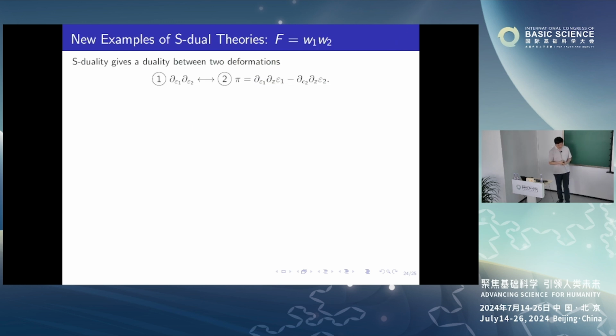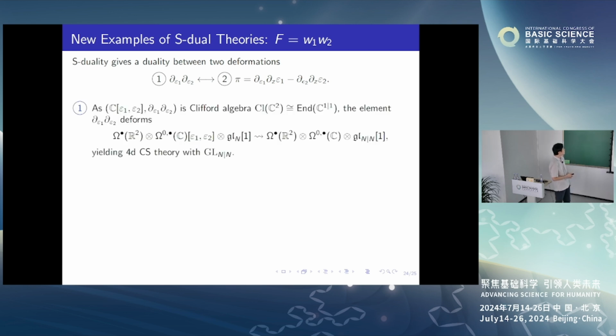Another example: we just write down some particular information once again, another degree 2 polynomial. You write down what these deformations are, and you compute. One deformation gives a 4-dimensional Chern-Simons theory with a supergroup.